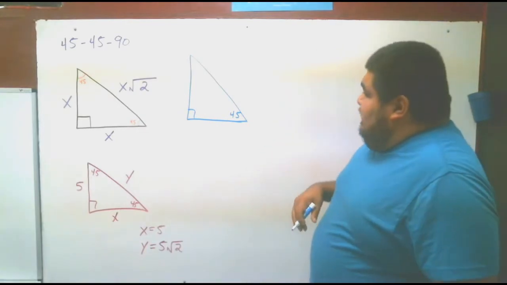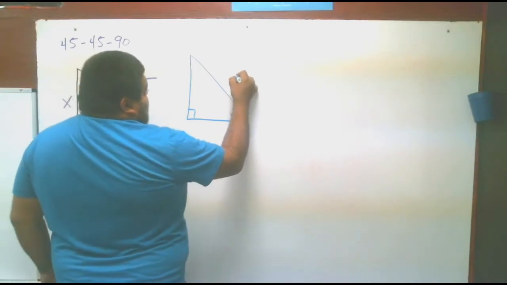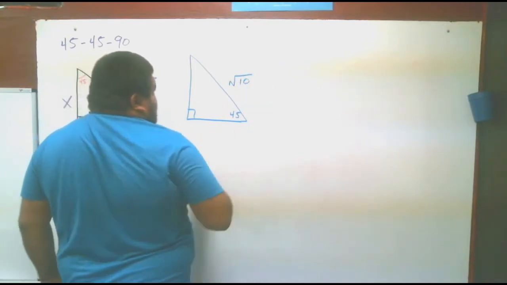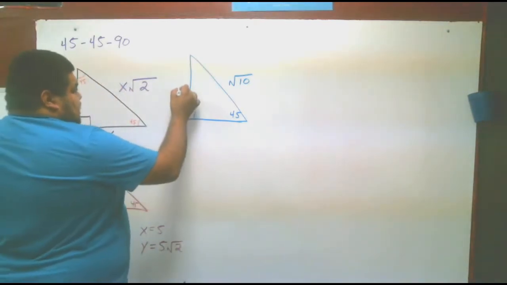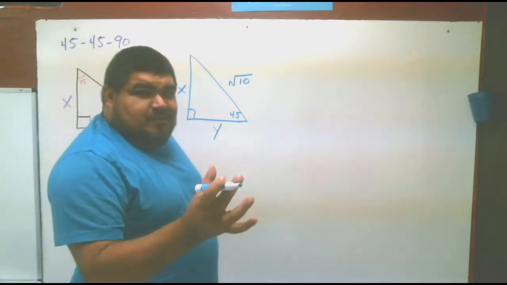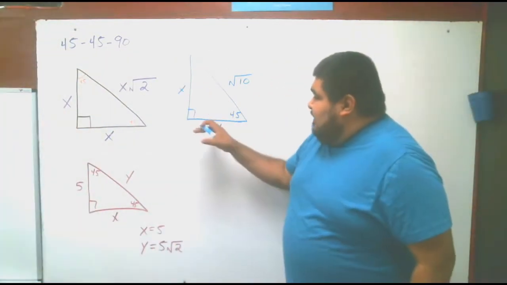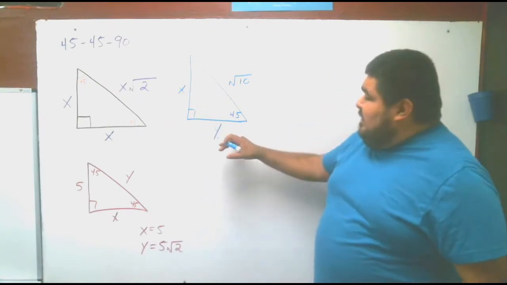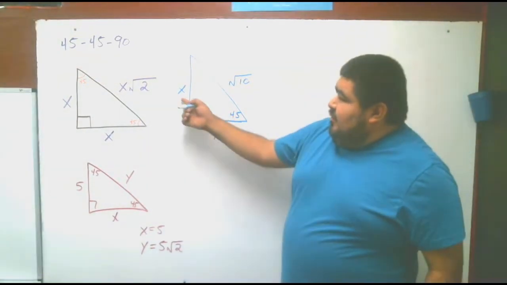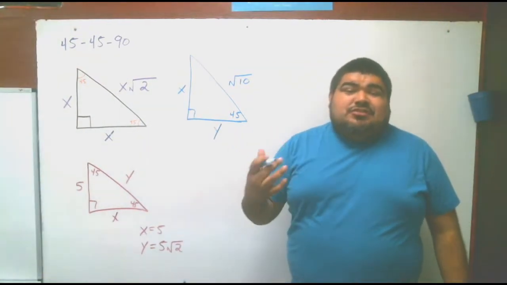Let's say this time we have radical of 10, and we're solving for x and y. Obviously, when you're dealing with 45, 45, whatever answer one side is, the other answer is always the same. So technically here for x and y, all you have to do is solve for one side, and therefore you have actually solved for both sides.